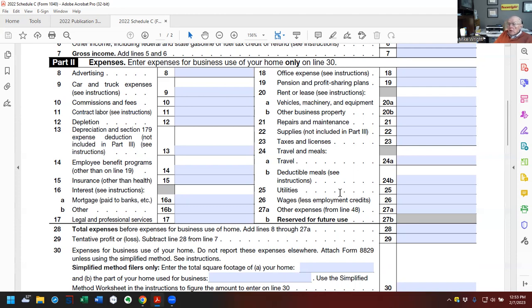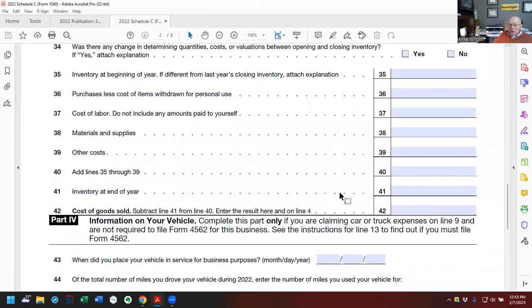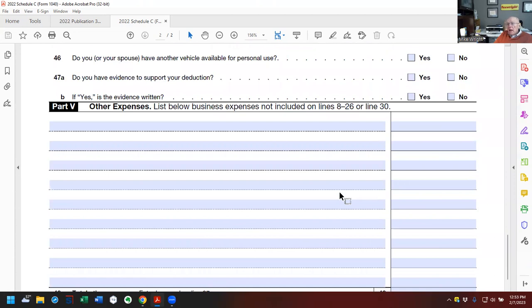And then finally, we have other expenses. And if we go back on the second page down to part 5, it says other expenses. And here we can simply list one by one the items that we are deducting, and we put their total cost here.